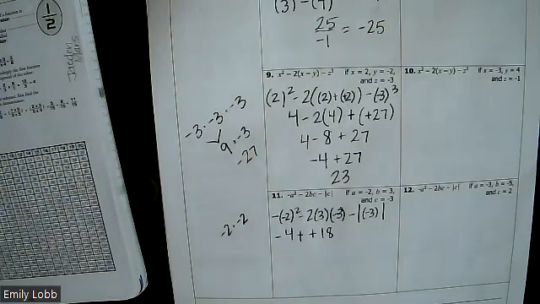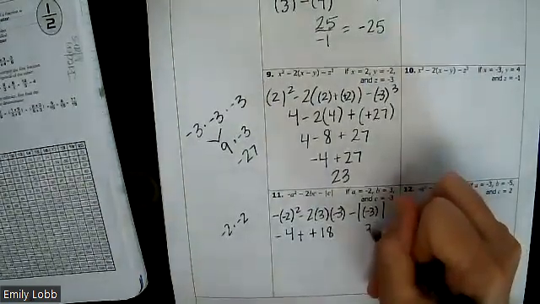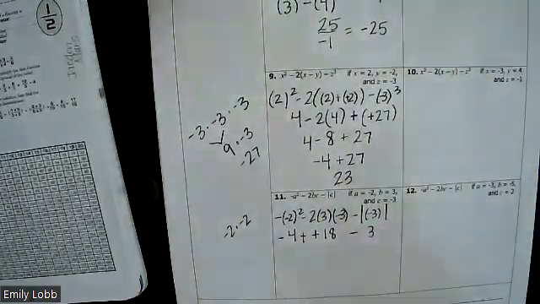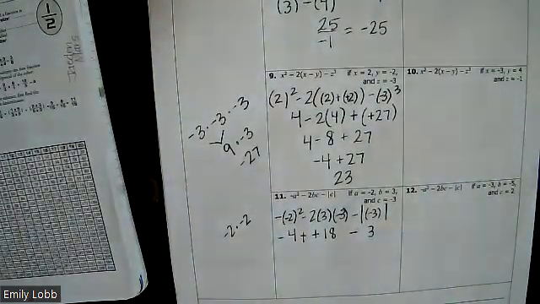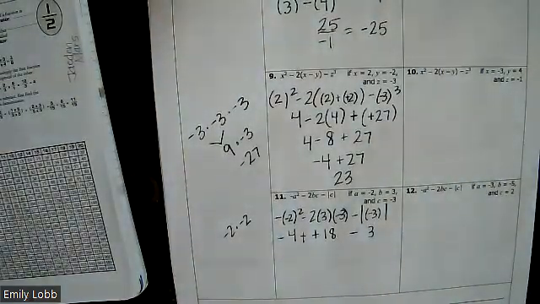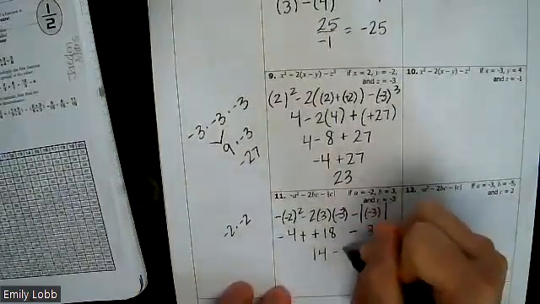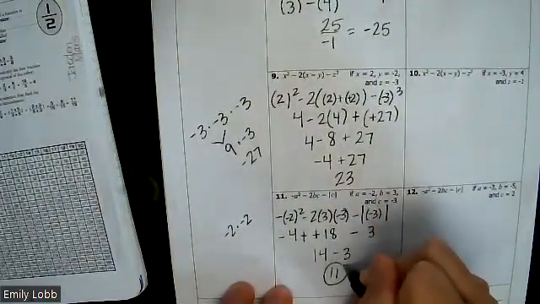What is the absolute value of negative 3? 3, right? And then we bring down that minus. So now we're adding and subtracting from left to right. What's negative 4 plus 18? 14. 14 minus 3, that's straightforward too. So that's not too bad.